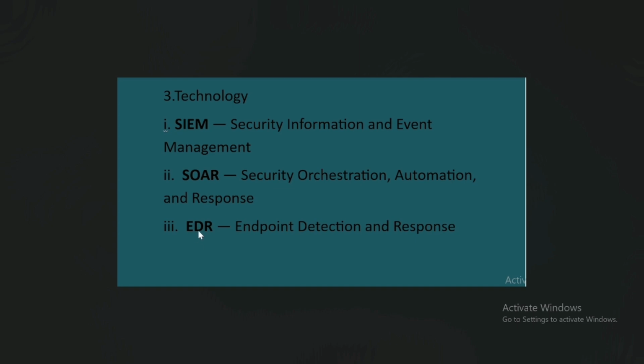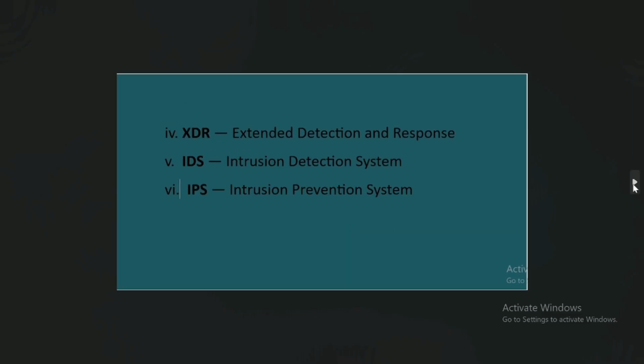And now we have the EDR, which is Endpoint Detection and Response. Now, this particular tool monitors endpoints such as computers and servers to detect suspicious activity and investigate potential threats. All right. So let's move to the next slide.